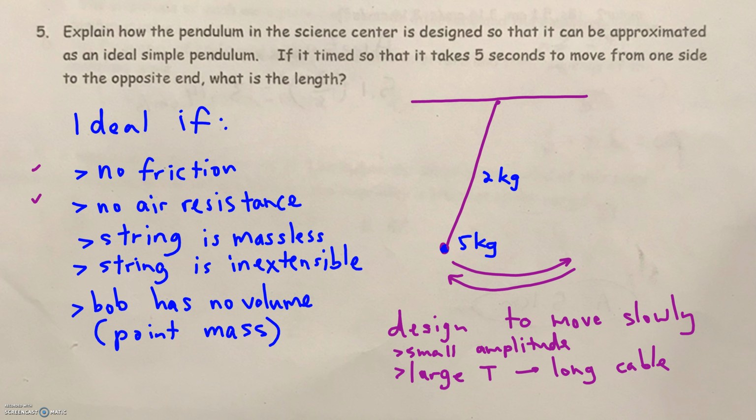But if you choose something really, really heavy at the end, like let's say 5,000 kilograms, then now this 2 kilograms here is pretty negligible. So what do we have to do for the massless string? You just make the bob, give the bob huge mass.